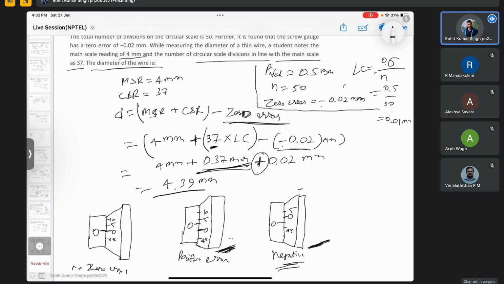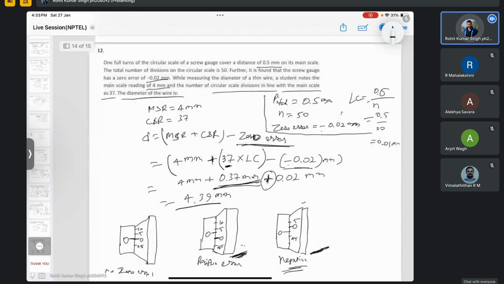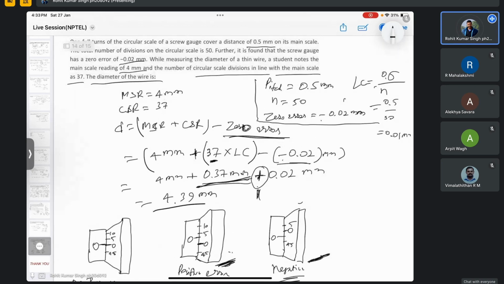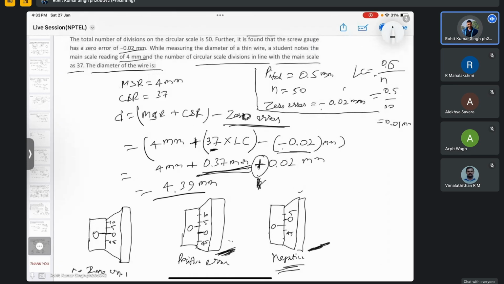So in this problem we had a negative error of minus 0.02 mm. So that's why at the end you get an addition sign, so the underestimation got cancelled. I hope you understand clearly, right, everyone?